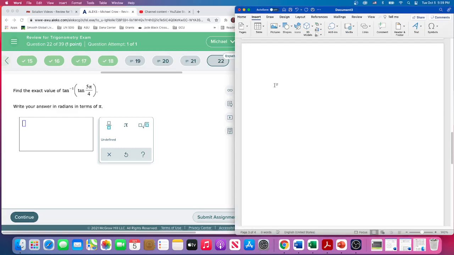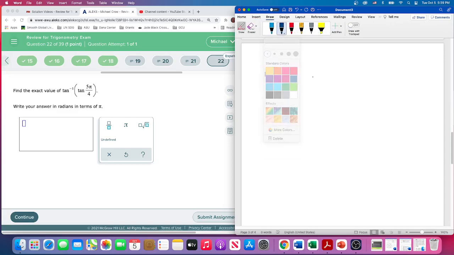But one way of thinking of things is that when we have the inverse tangent of the tangent, one undoes the other. So in a way, our answer is we get back to where we started at 5 pi over 4.